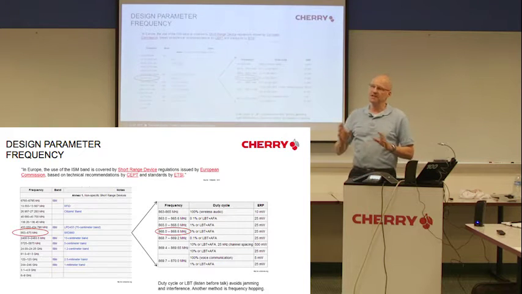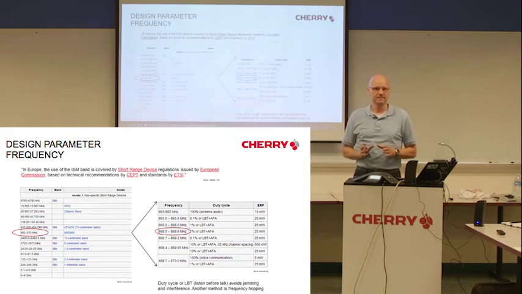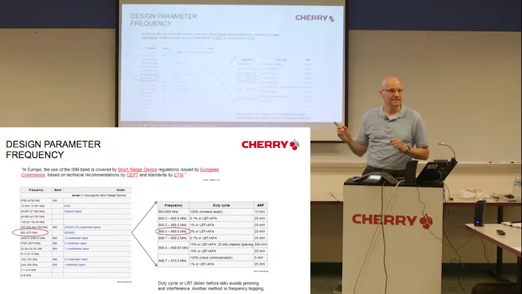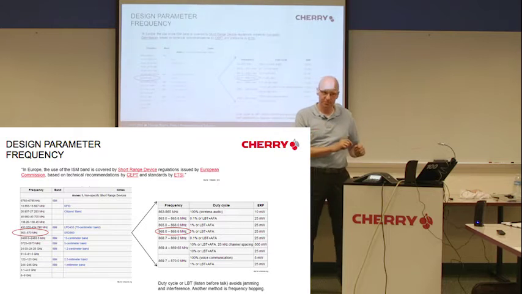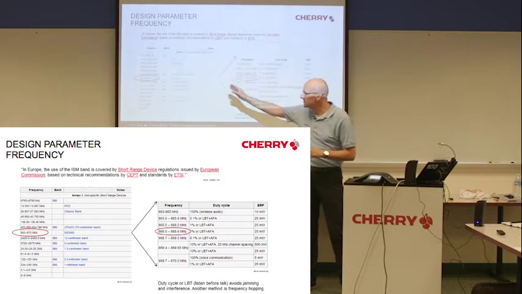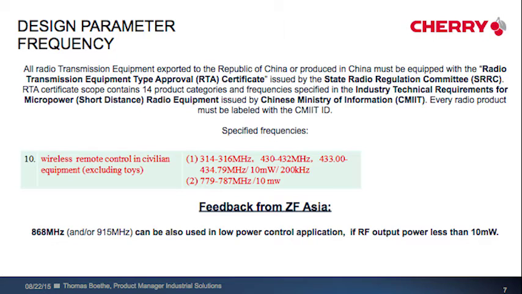But you see here, regulations said, okay, that's not possible. With 2.4 gigahertz we could, but we will see later, 2.4 gigahertz has some physical disadvantages against these frequencies. And in China, it's completely different.